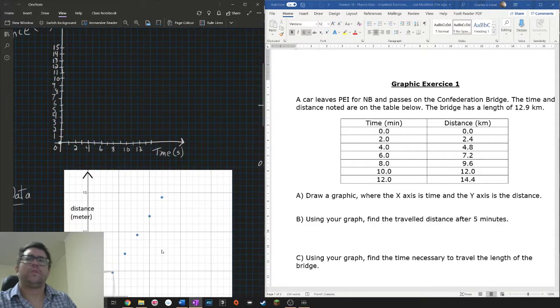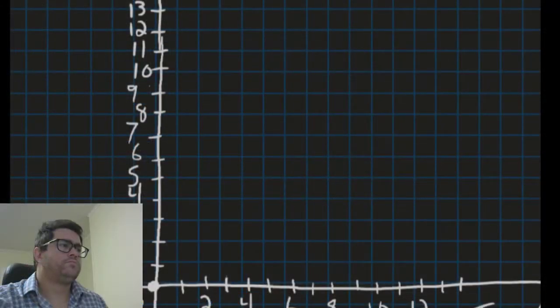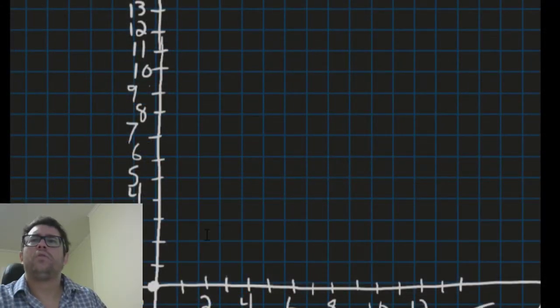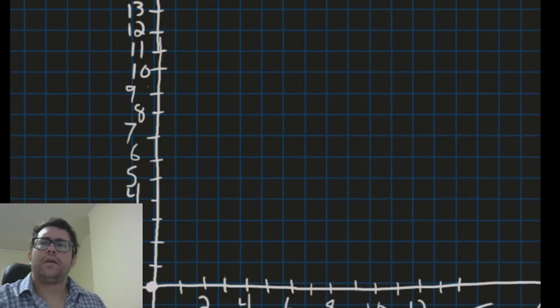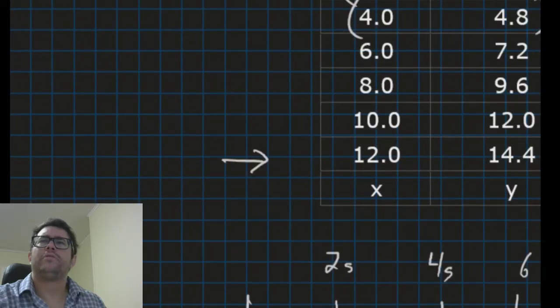Here. Can we make this bigger? Nice. The next one was 2 and 2.4. You can see here, 2 on the time axis, that's X. That's why X and Y, and it's well organized: we have time first, and Y second.